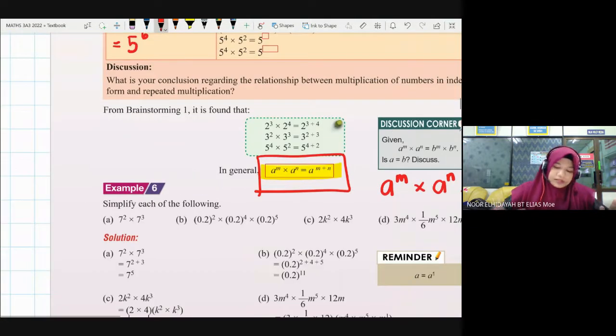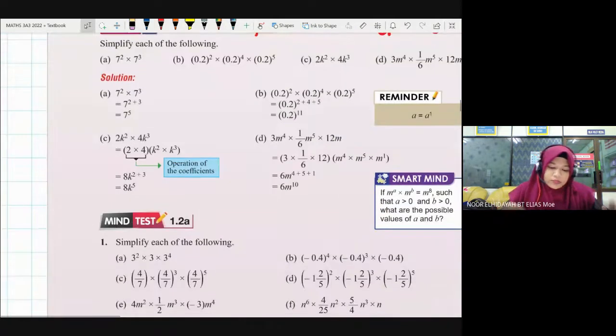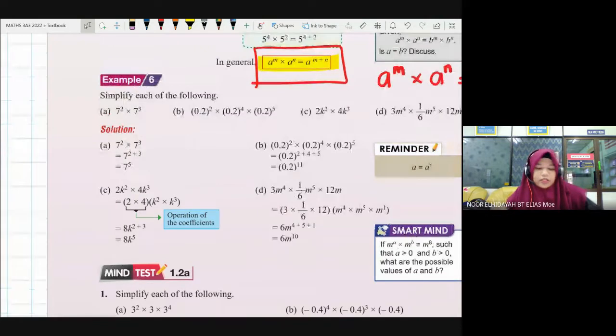Okay, alright. Kita akan tengok juga example 6. Untuk A mudah sahaja macam dalam example yang kita tengok tadi. Untuk B pun sama, cuma dia involve decimal number.